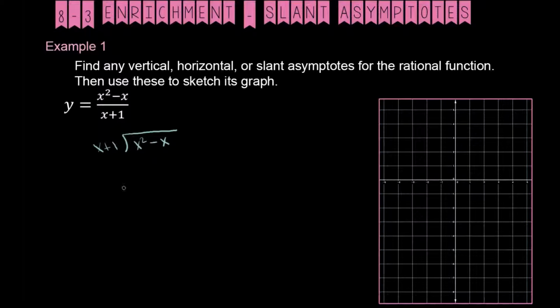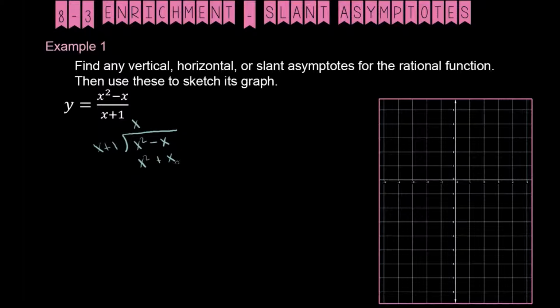With long division, if you remember right, this is asking x times what will give me x squared? Well, x times an x will give me this x squared. So then I'm going to take the x and multiply it through by this factor. So x times x gives me x squared. x times 1 will give me an x.